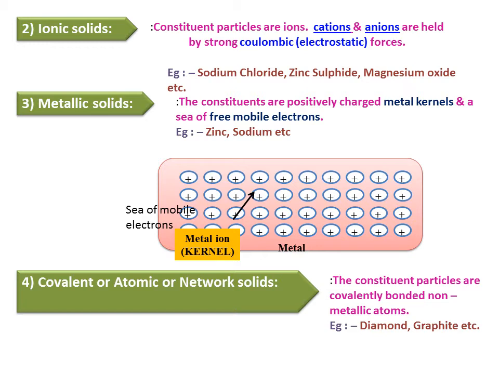These are solids in which the constituent particles are covalently bonded non-metallic atoms like carbon, silicon, etc. The intermolecular force must be the covalent bond. Examples are diamond, graphite, etc. So this is the covalent or atomic or network solids.